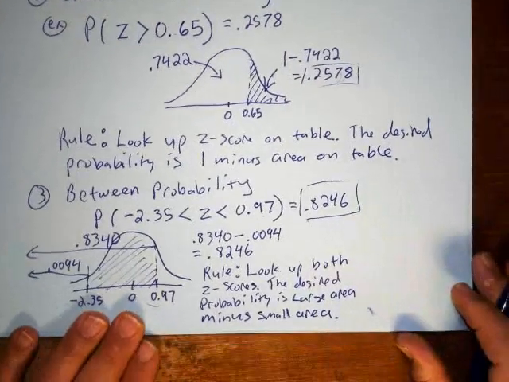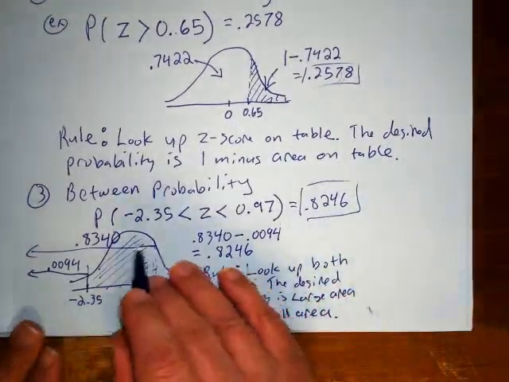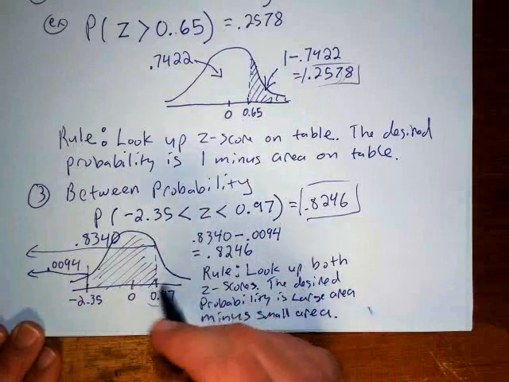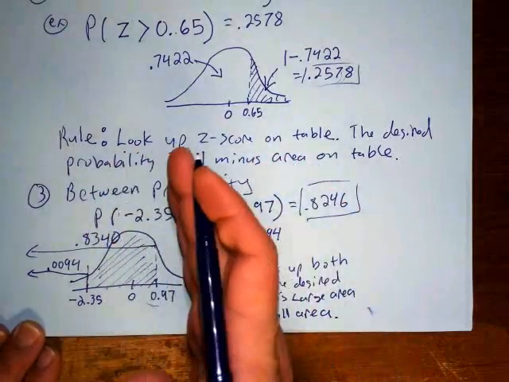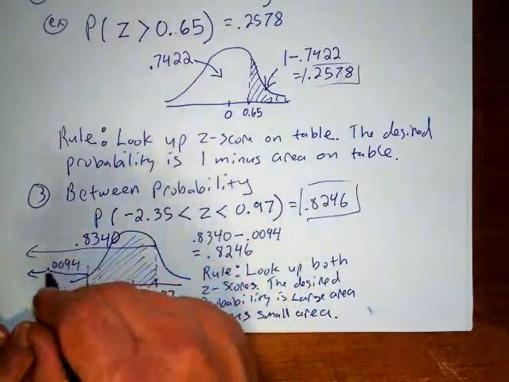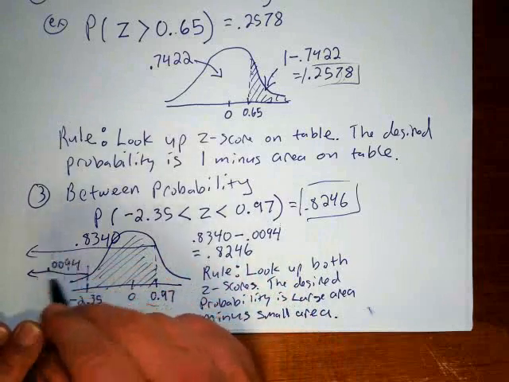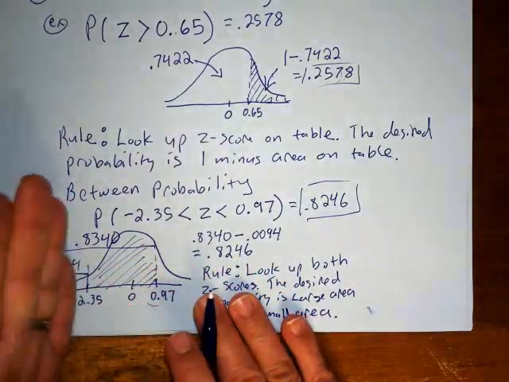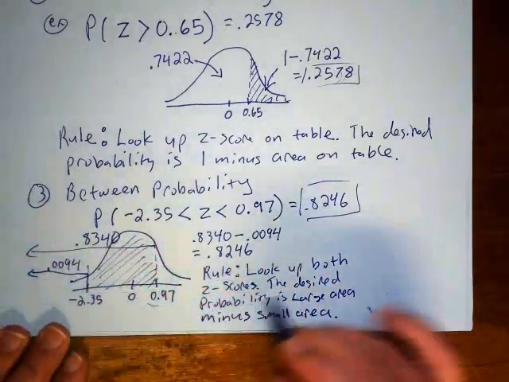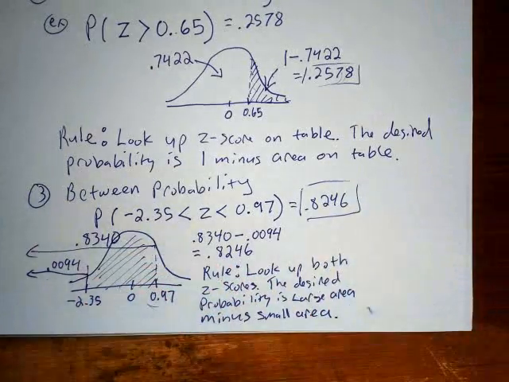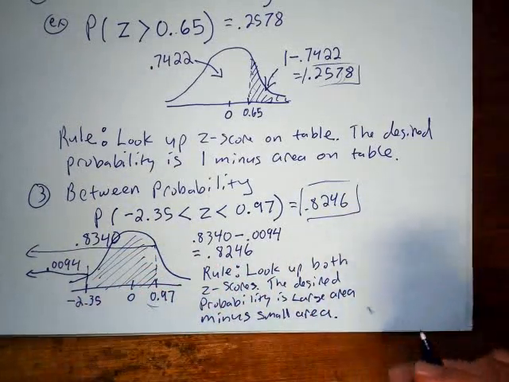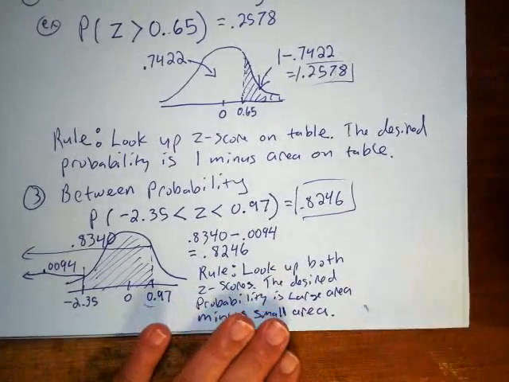The large area will always be the one on the right side, the one further up, and you subtract the area for the other, smaller z-score. You subtract those two, you get the area between, and that's how you get the area between two z-scores.